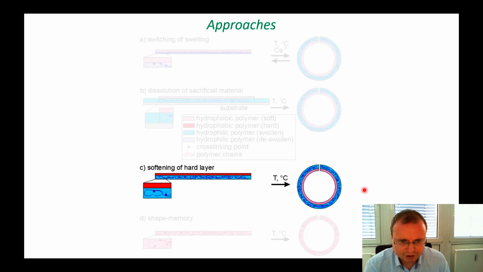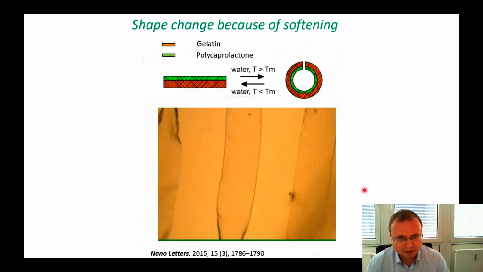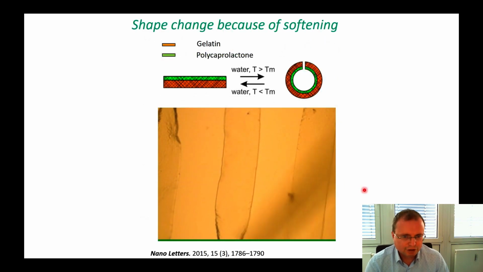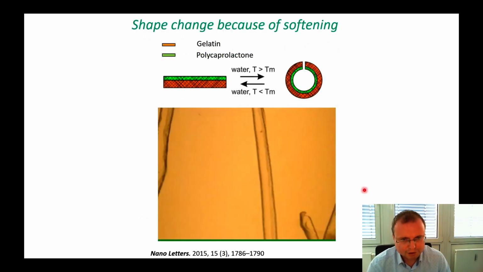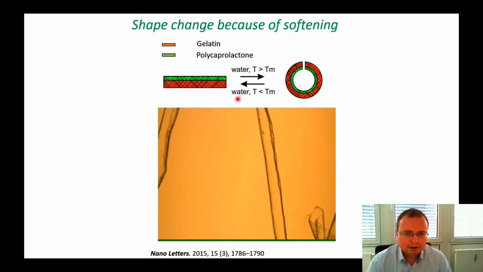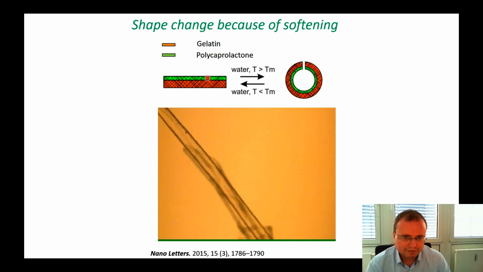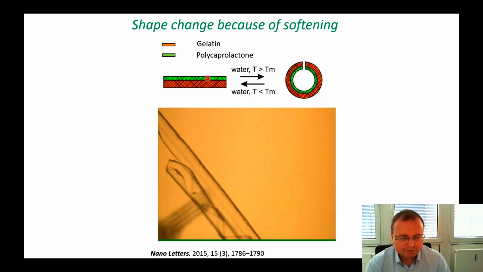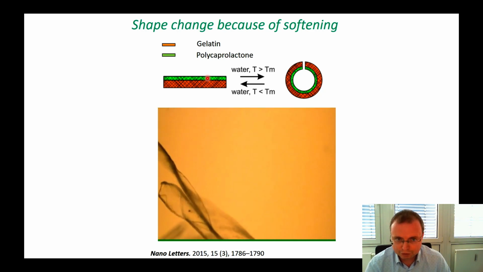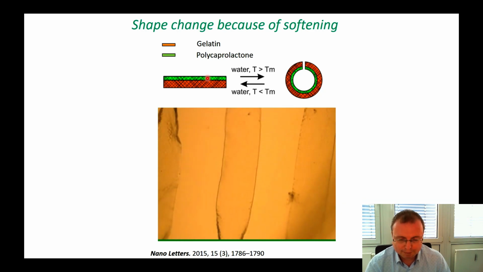The third approach consists in the softening of the hard layer. The idea is the following: we again have a polycaprolactone gelatin layer. In this case, the polycaprolactone layer is thicker than in the previous case, so even the swollen gelatin is not able to deform it. But an increase of temperature leads to the softening of polycaprolactone just because it melts.